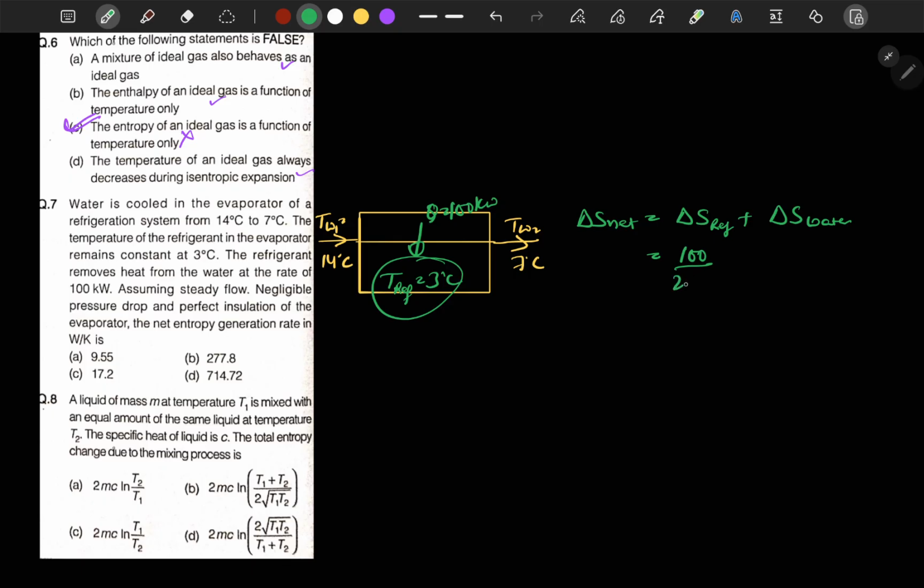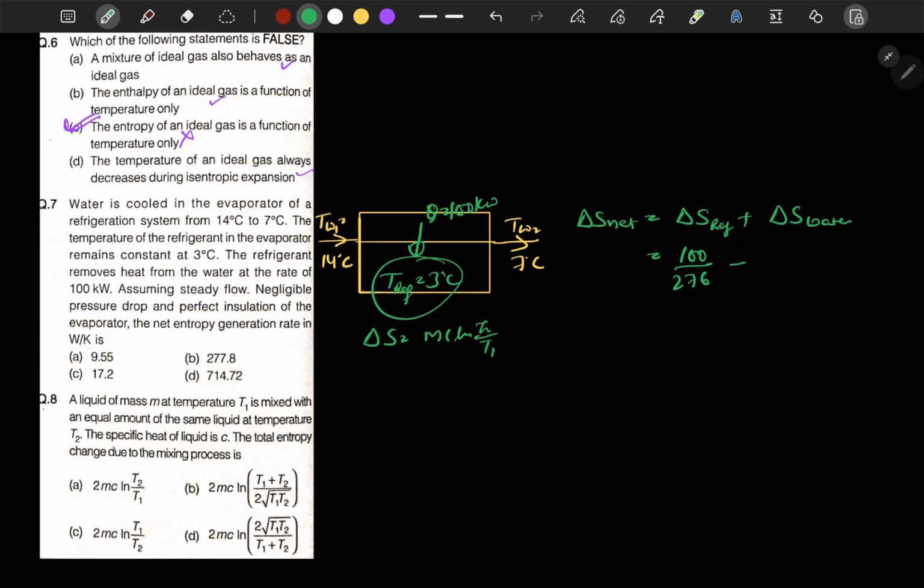Now this water rejects the heat. How much heat it rejects? 100 kilowatt. But for water we know that delta S for water is represented by MC ln T2 by T1 for finite mass.